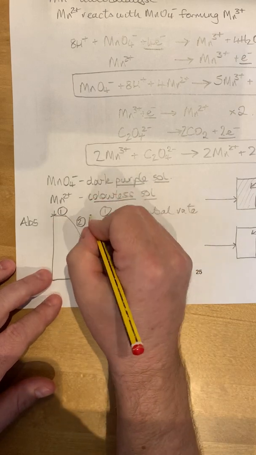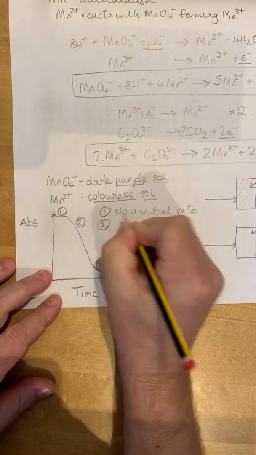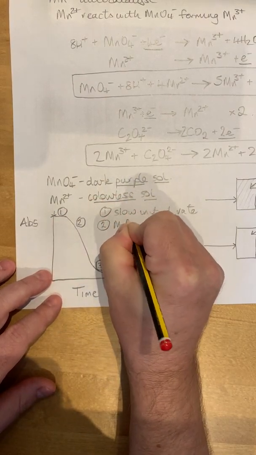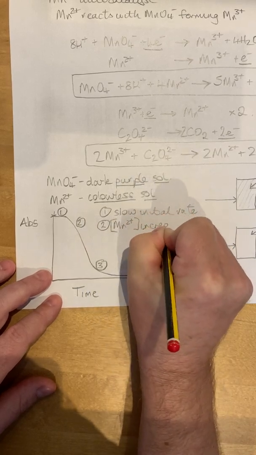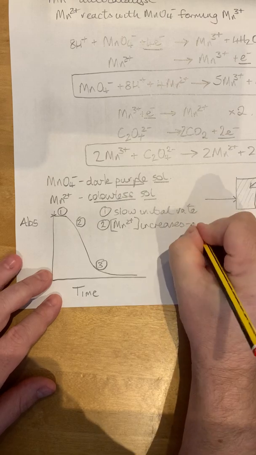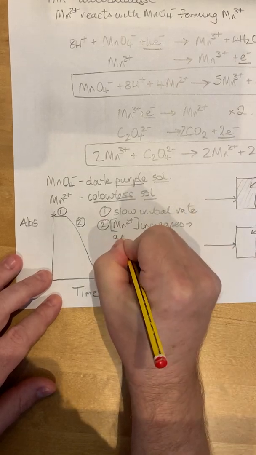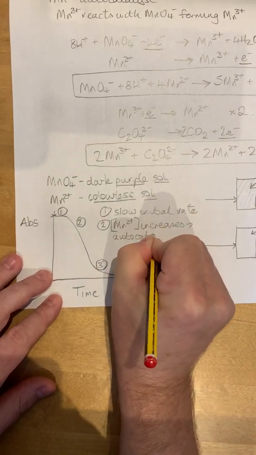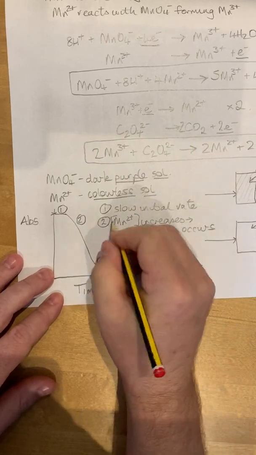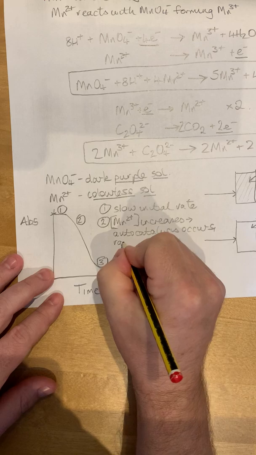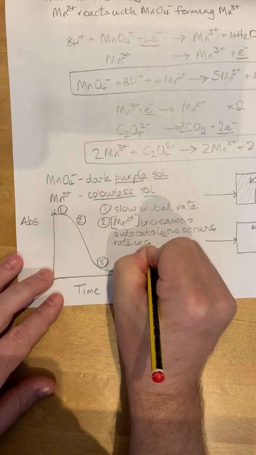Then, for part 2, Mn2+ concentration increases. We get autocatalysis occurs, rate increases.